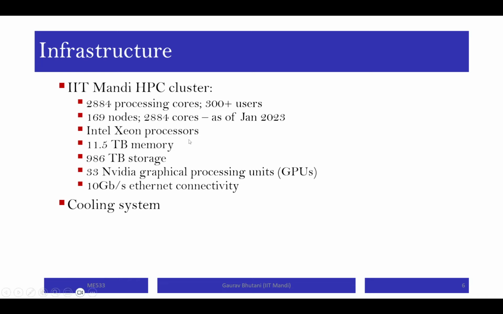It has 33 NVIDIA GPUs. I'm sure there are many more now because GPU based applications are growing. And as I said, it has a maximum of 10 gigabits per second Ethernet connectivity. Faster connectivity is much more expensive, and you have to have dedicated cards installed in the compute nodes to use them, so it becomes extremely expensive, so we never install that.